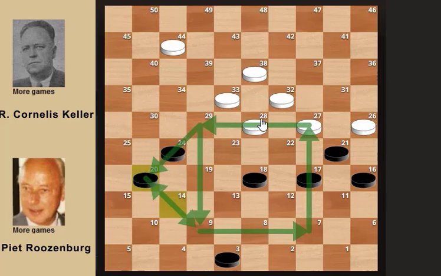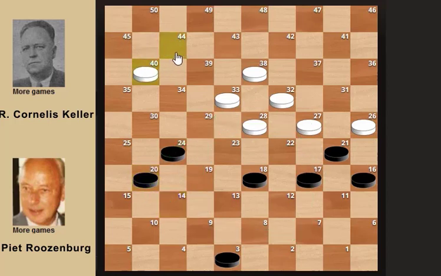So that is why he moved his piece from 14 to 20 to have control over the center of the second square. So Keller replied to this move by playing 44, 40.